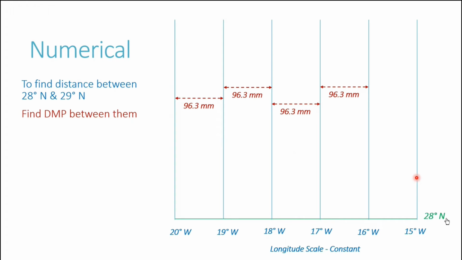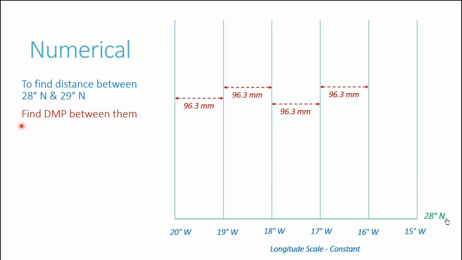One meridional part is basically 1 minute of longitude, and we had also seen the definition of DMP. So DMP between two parallels is basically how many times 1 minute of longitude can be placed between the two parallels of latitude. So we are going to use this concept to find out where to draw my 29-degree parallel.